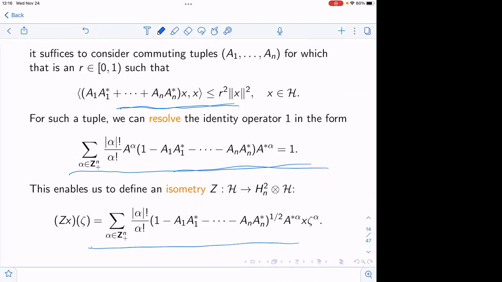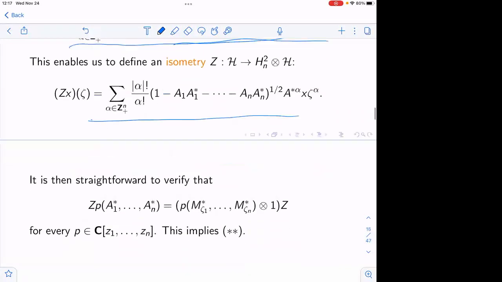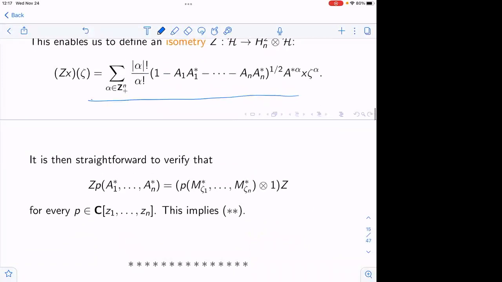That follows from the combinatorial identity, and then it's just a matter of checking that something like this holds.